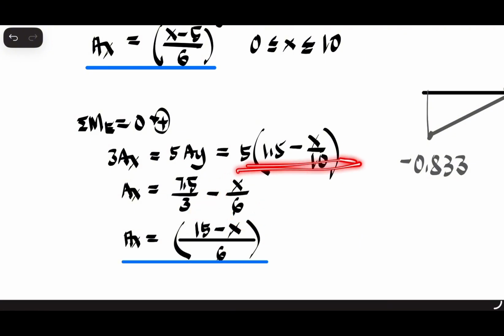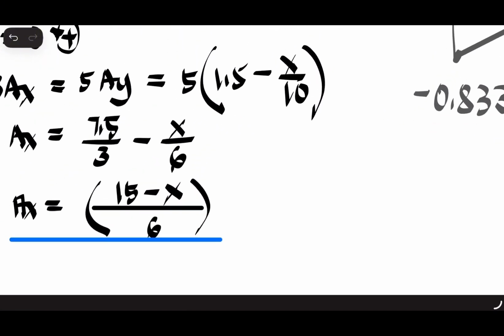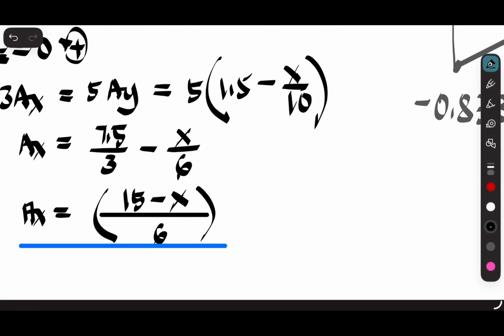So this value is divided by 3. And then simplifying it further, we will get an equation for AX of 15 minus x over 6. Again, this is applicable for x greater than or equal to 10 but less than or equal to 20.